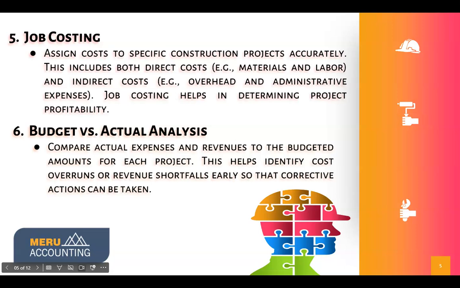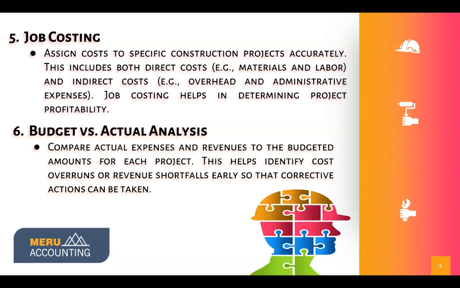Job costing. Job costing involves accurately allocating costs for individual construction projects, covering both direct costs like material and labor and indirect costs such as overhead and administrative expenses.